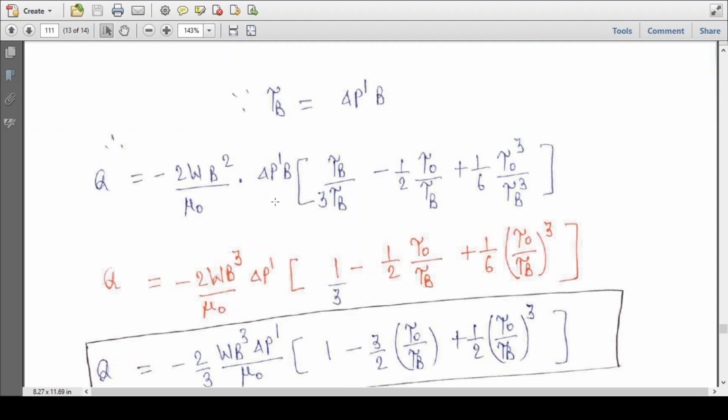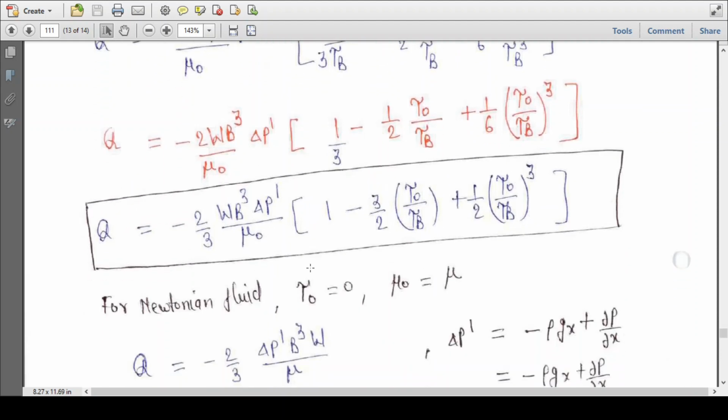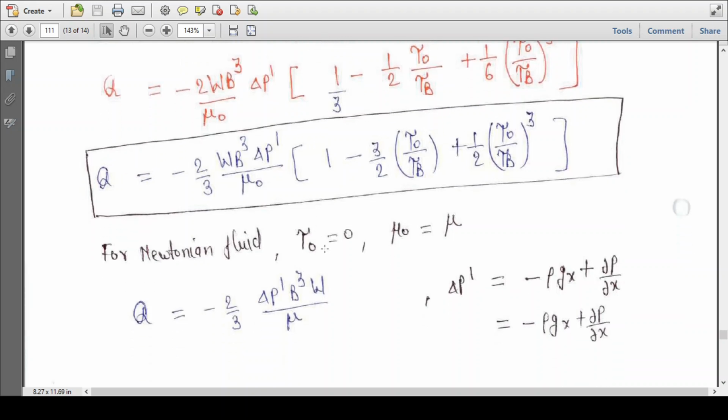So this is in terms of tau naught. The expression here is minus 2W b cube upon mu naught delta p dash, times 1 upon 3 minus 1 upon 2 tau naught upon tau b plus 1 upon 6 tau naught upon tau b cubed. So this is the expression for volumetric flow rate. Now if you want to change it for Newtonian fluids, tau naught would be substituted equal to 0, so these terms would cancel out and mu naught would be mu.